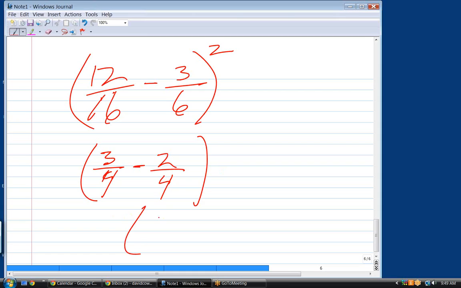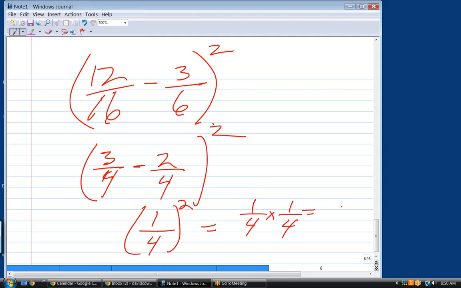So now the problem becomes what? Oh, 1/4. 1/4 squared, which is? 2/4. No. In other words, 1/4 squared means 1/4 times 1/4.